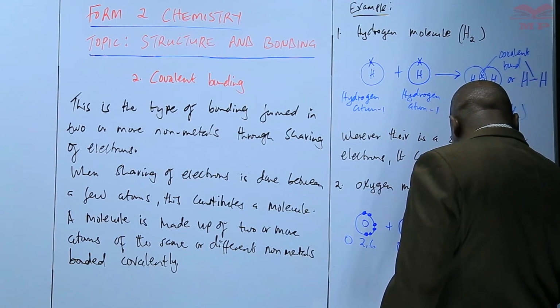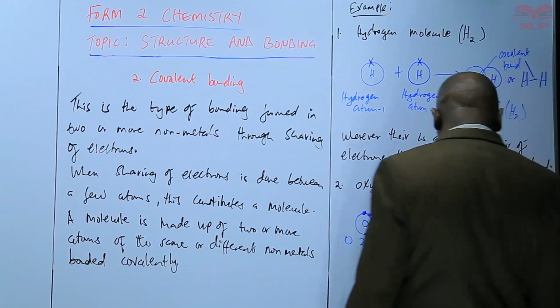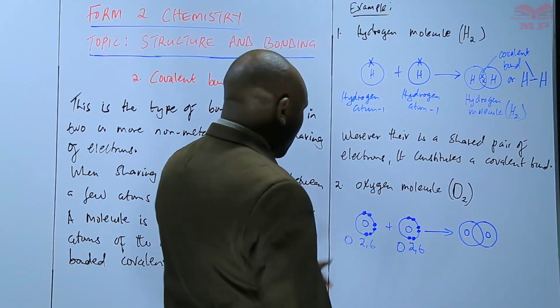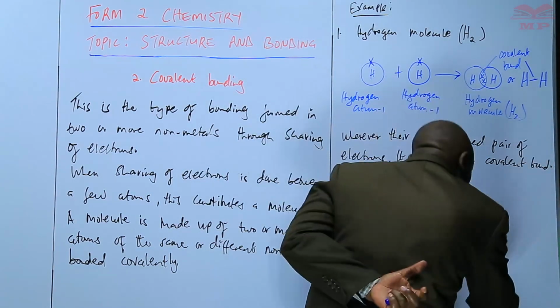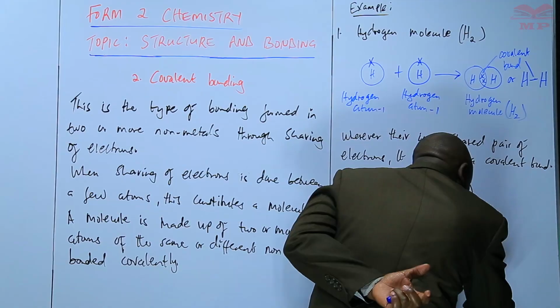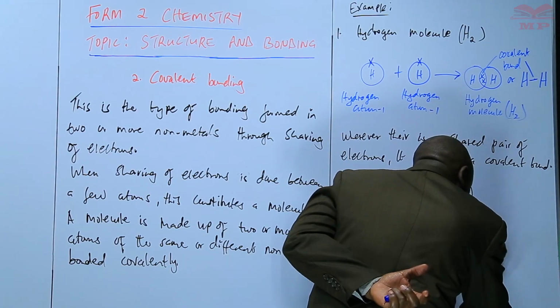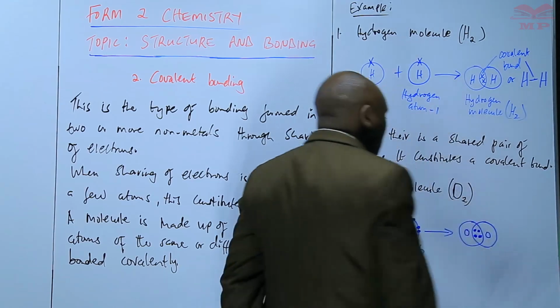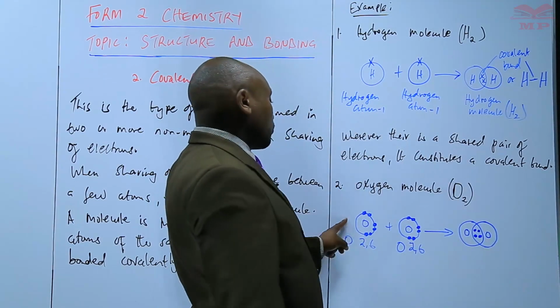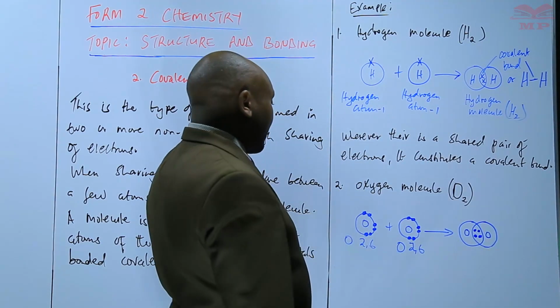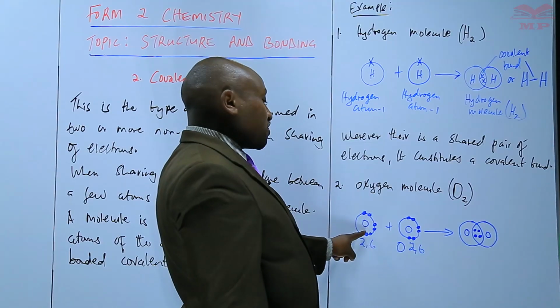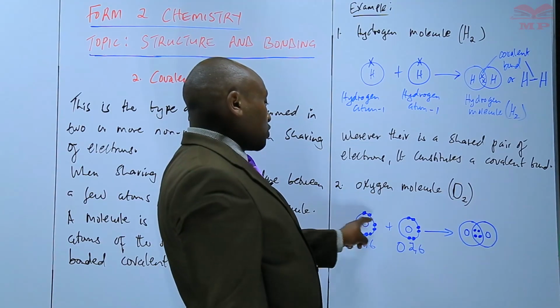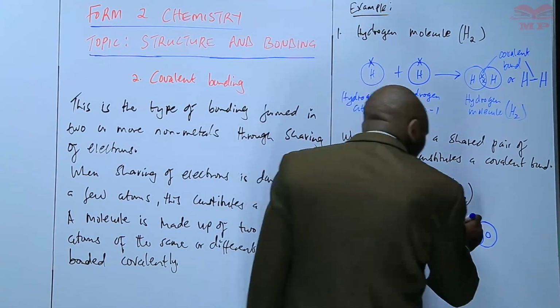So you'll have O and O. That's the oxygen. So we are saying that each will bring 2 for sharing. So that means 4 electrons will be shared, 2 from here, 2 from there. And then the remaining unshared will be 4 because only 2 have been shared, leaving behind 4.